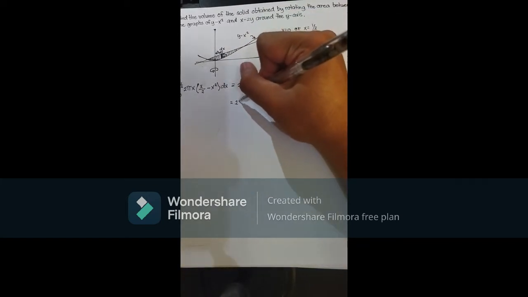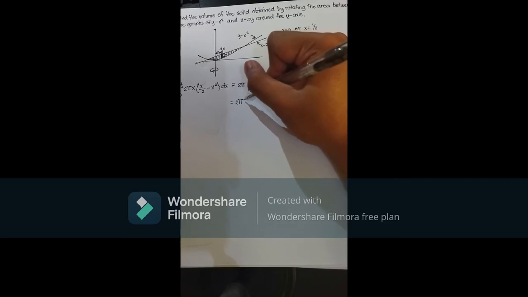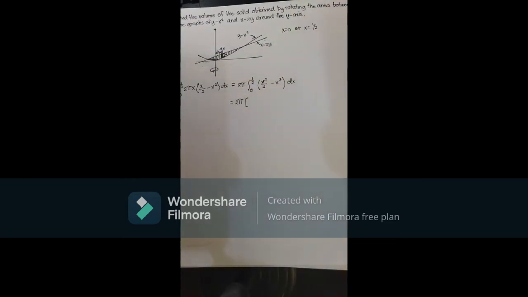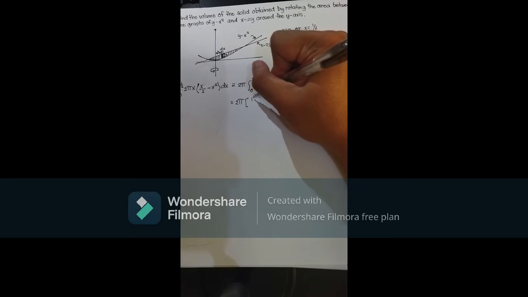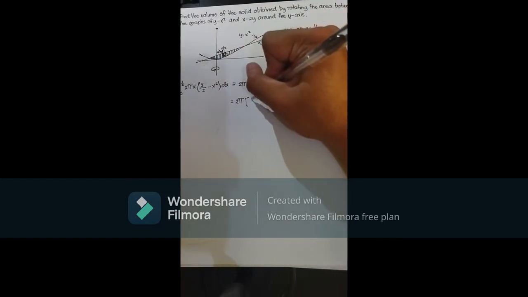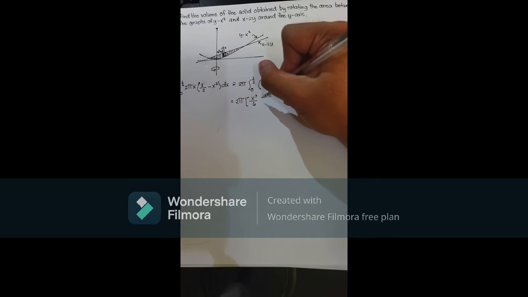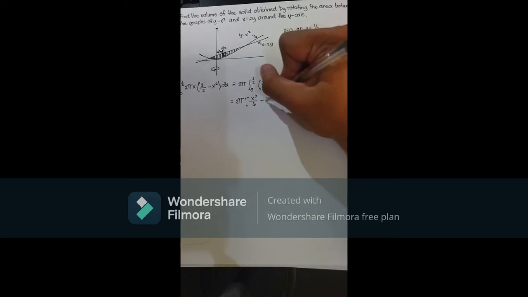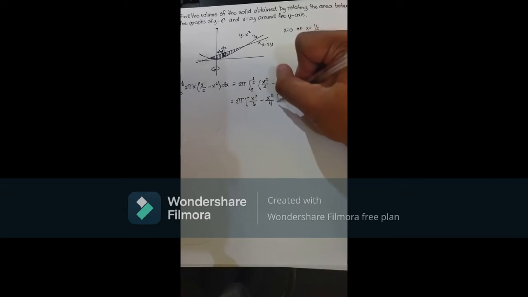Put 2 pi out again, then multiply and integrate. So this becomes x cubed over 6 minus x raised to 4 over 4, and the limits are 0 to 1/2.